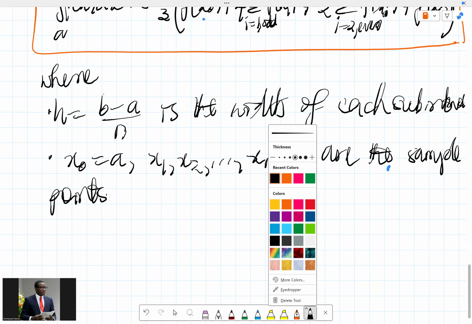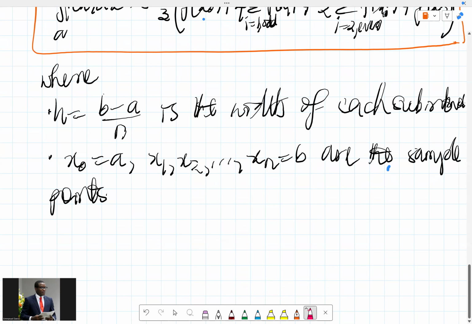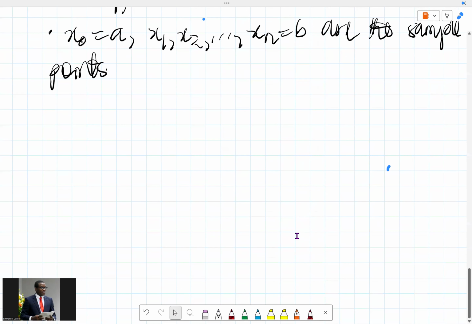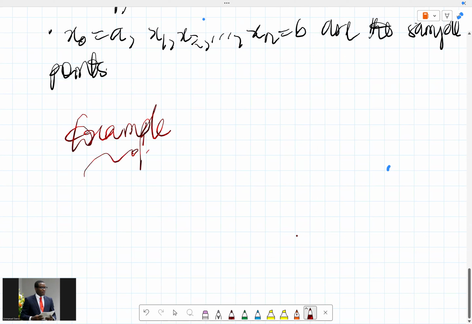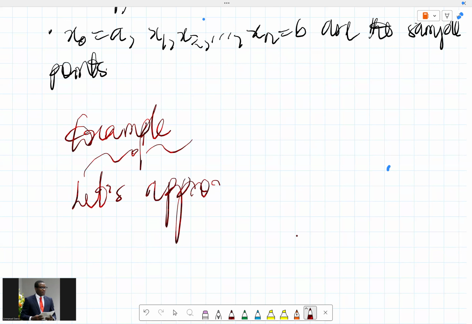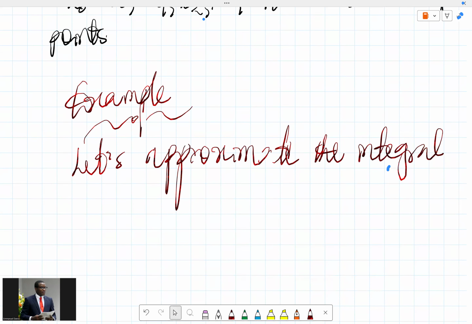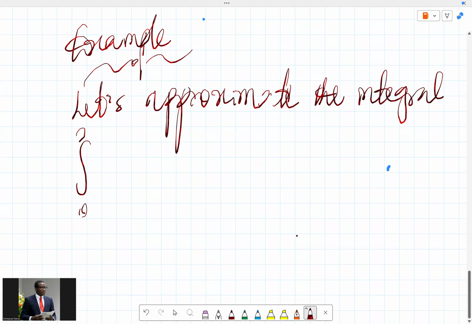With that out of the way, let's look at an example. Let's approximate the integral from 0 to 2 of x squared plus 1 dx.